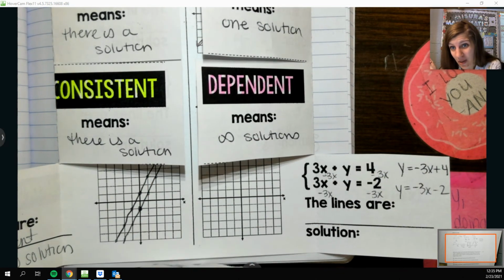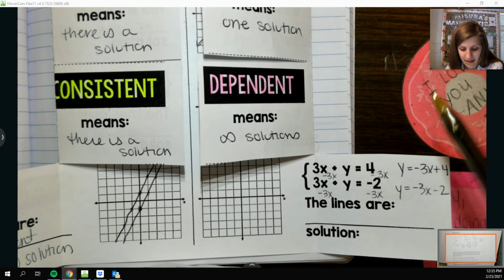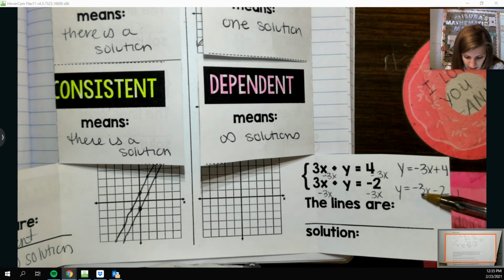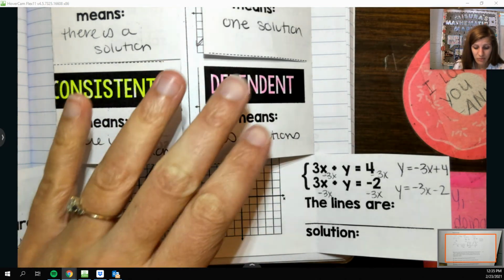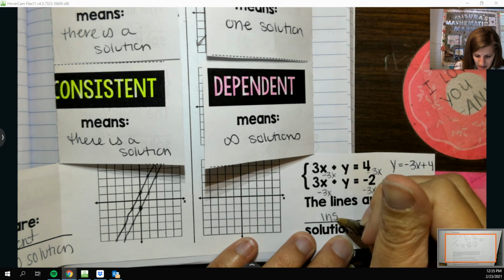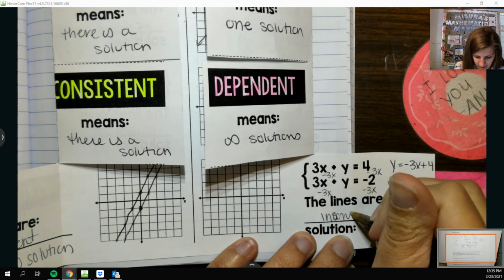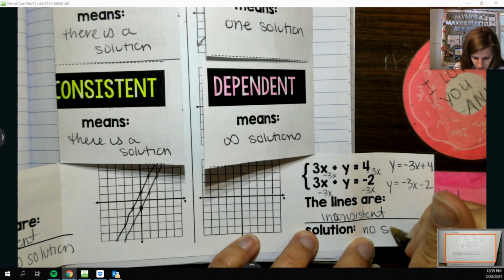I know right now, without even graphing, that it will have no solution and they will be parallel lines because these have the same slope and different y-intercepts. And that's what we said had to be true about parallel lines. So I really don't even need to graph it to know that it is inconsistent and has no solution.